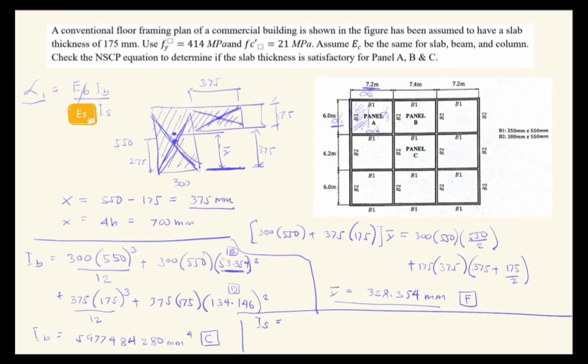Okay, half of 7.2, and we take note that 7.2 is center to center of the beam cross section. So 7.2 divided by 2, that is 3.6 meters.